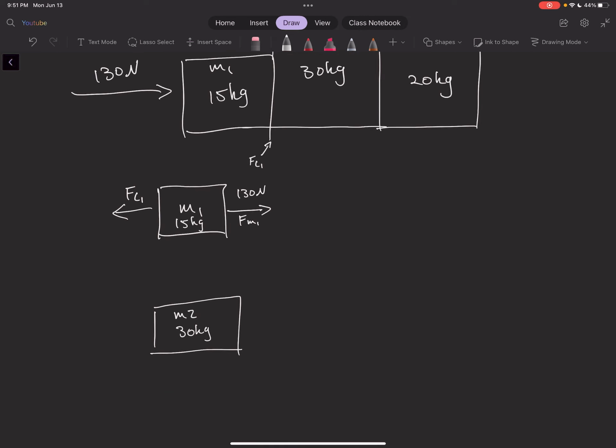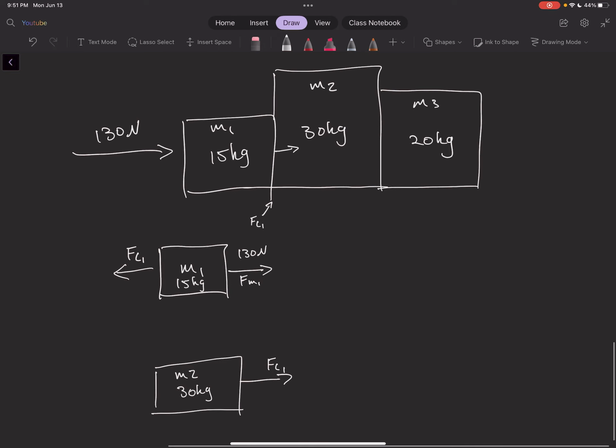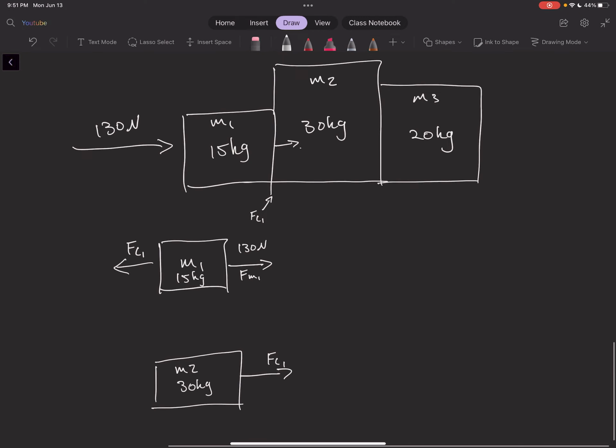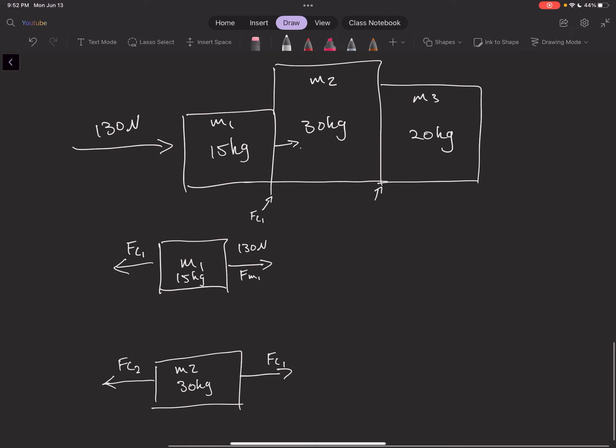Great. The second free body diagram is for the big M2 block, which is 30 kilograms. This experiences a force that's going forwards, and this is the contact force from block 1 and block 2, because there's a force that is pushing this way from that contact. So that is the contact force between block 1 and block 2. And similarly, it is also experiencing a contact force going backwards because of the interface between the second block and the third block.